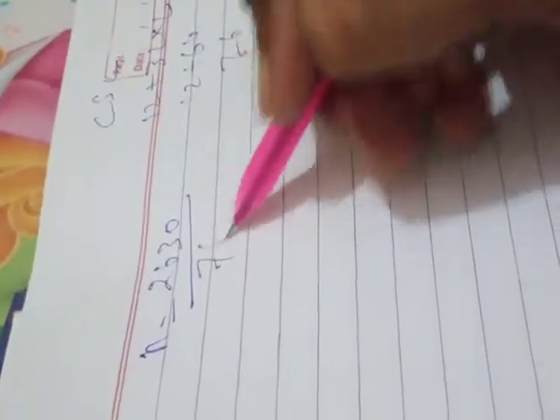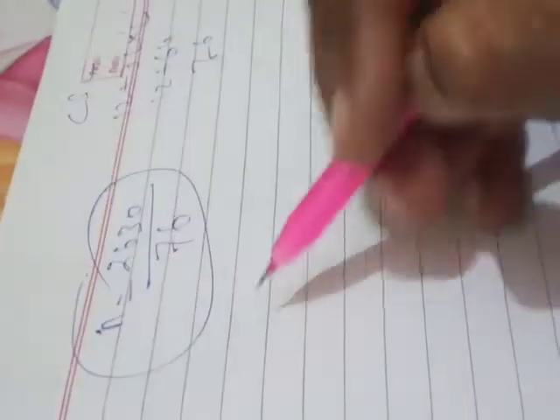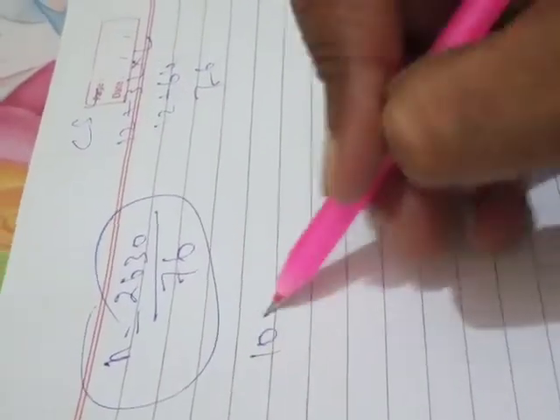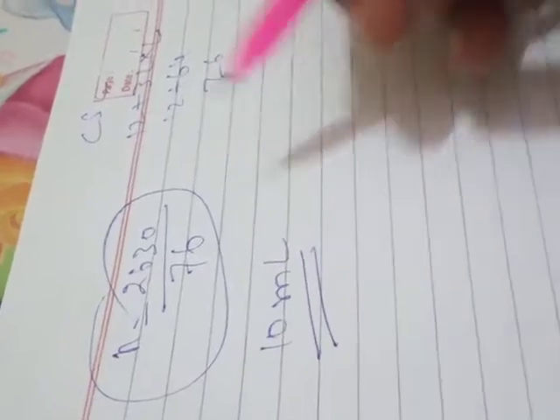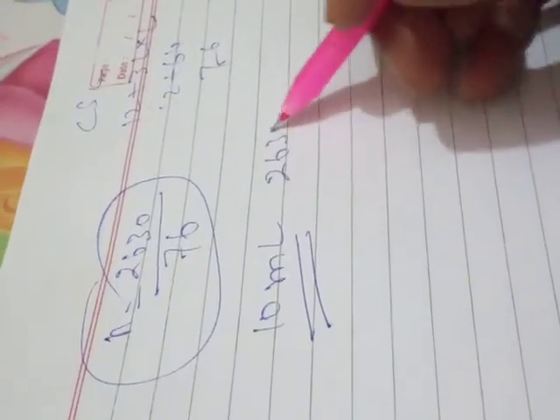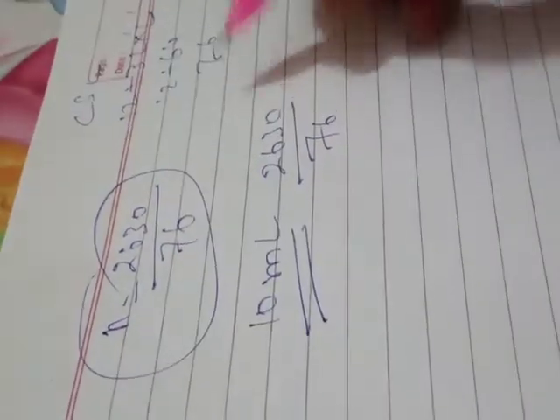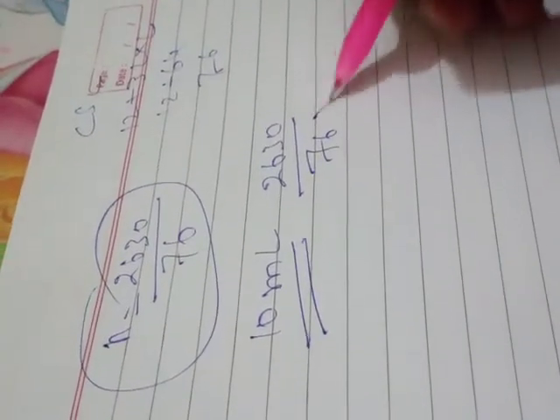You divide by 76, then you will get the number of moles. This is in 1000 ml. So in 10 ml how much will there be? In 10 ml we have to find the number of moles: 2630 over 76, 1000 will be down, and here 10. In that way we can calculate the amount.